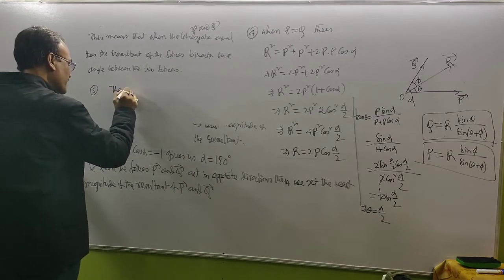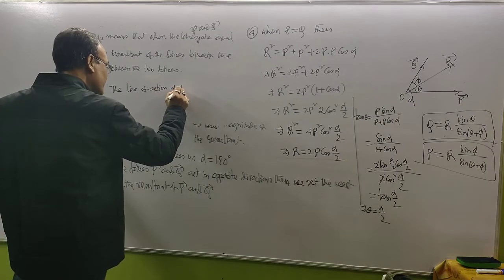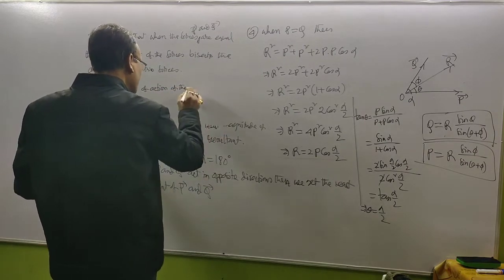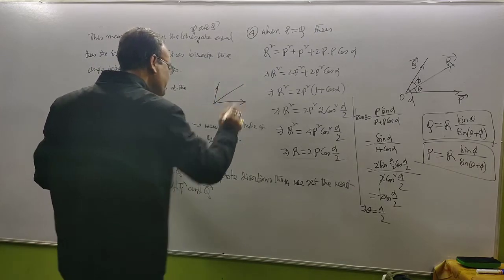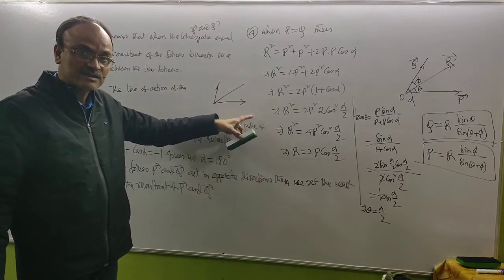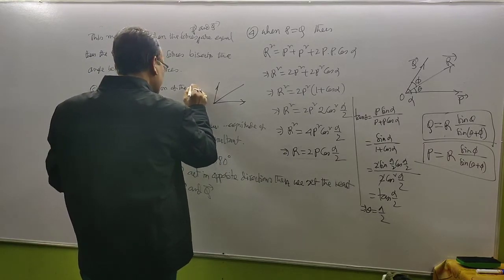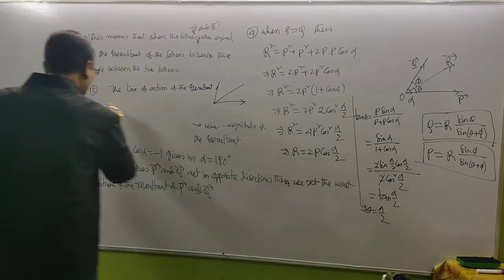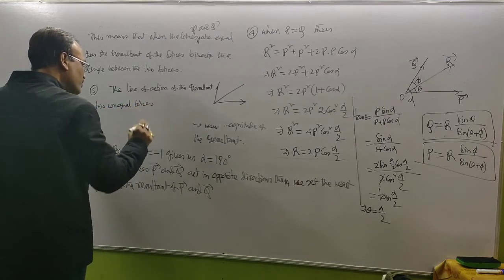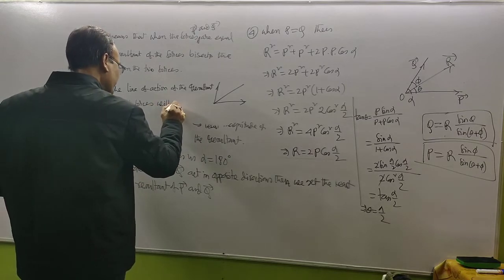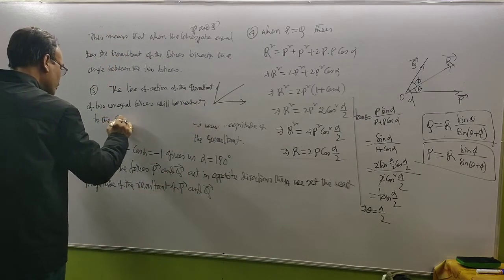Number 5: the line of action or the direction of the resultant of two unequal forces will be nearer to the greater force.